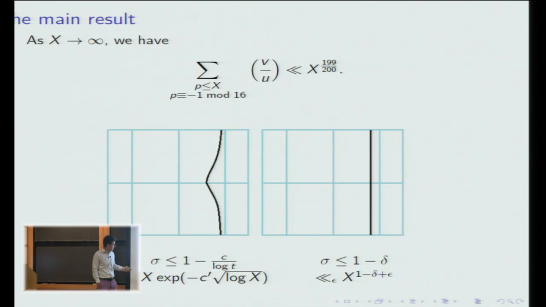These types of regions give you error estimates of this type, as in the Chebotarev density theorem. However, to get an error estimate where you save a power of x, you would need a zero free region that extends sort of uniformly to the left by some delta.